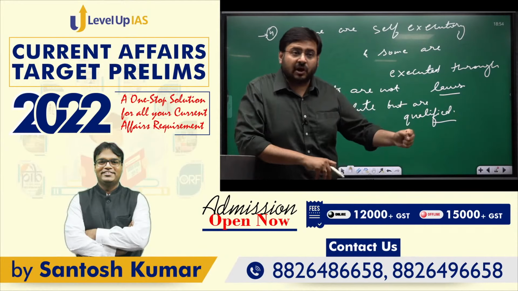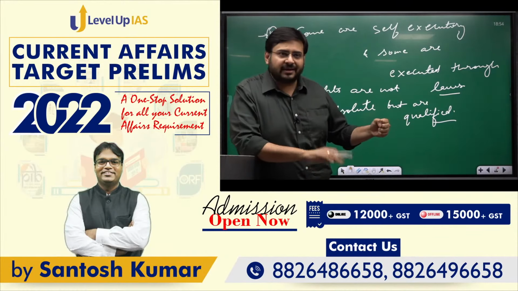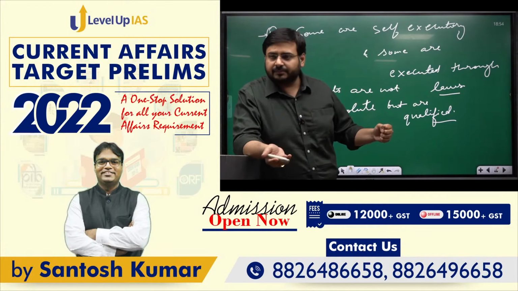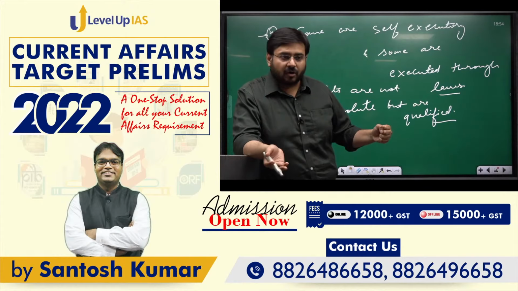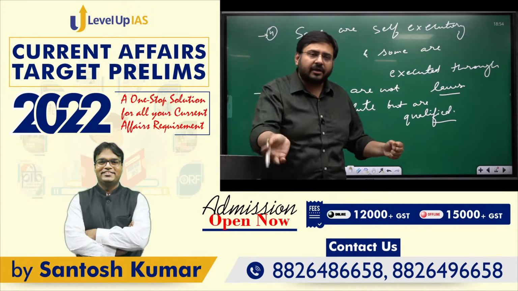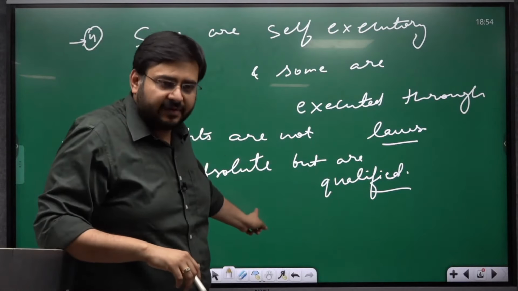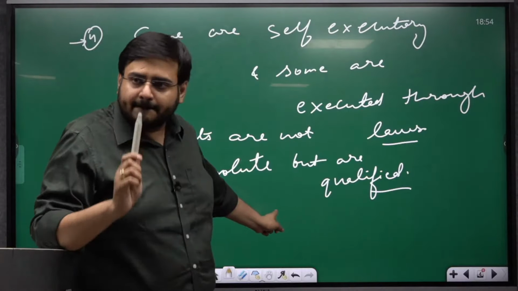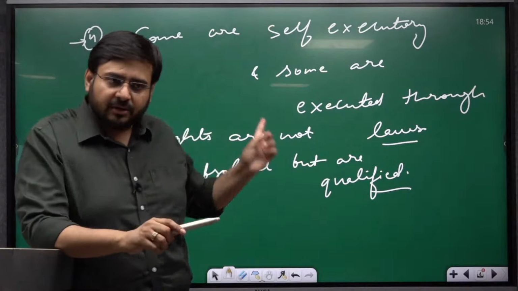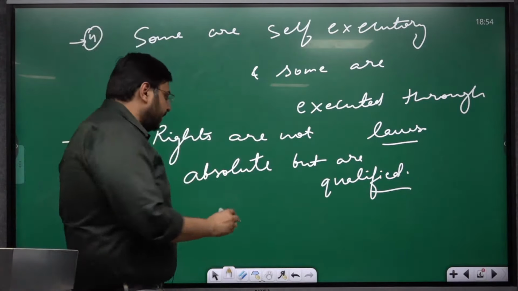And in accordance with law, social boycott is not untouchability. The Supreme Court has said in a judgment that social boycott is not a practice of untouchability. Similarly, other rights can also be qualified. So the Constitution has made Article 17 absolute, but it can also have certain restrictions, not through the Constitution, but by law.